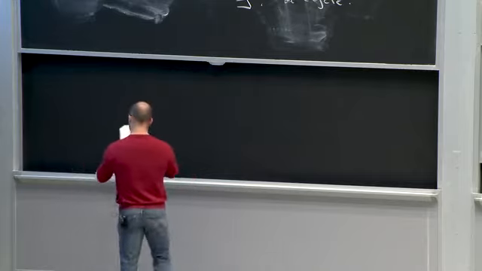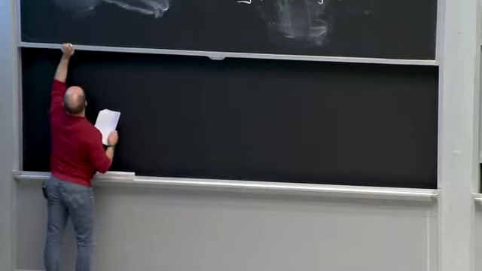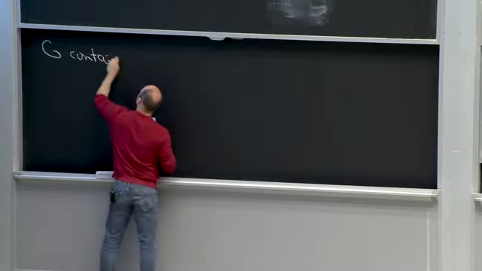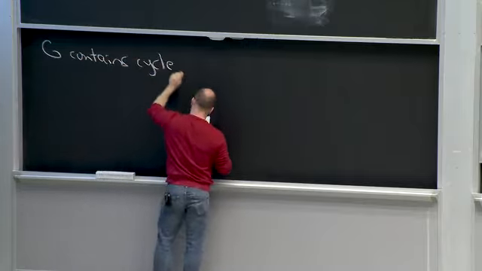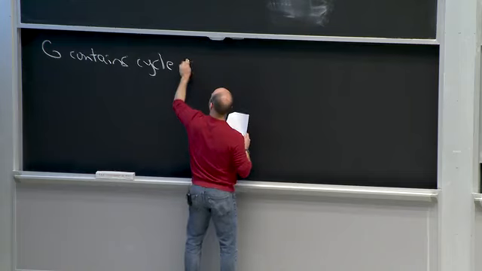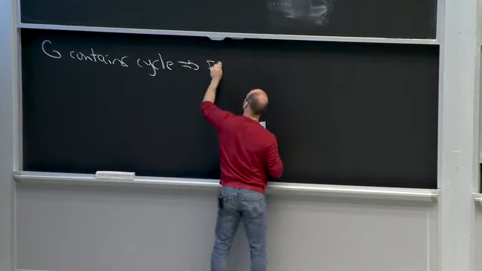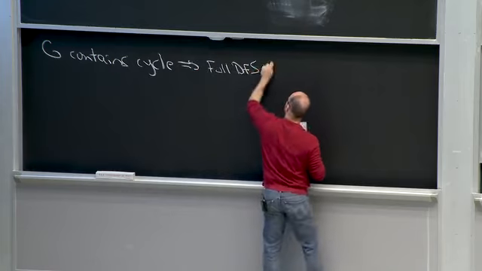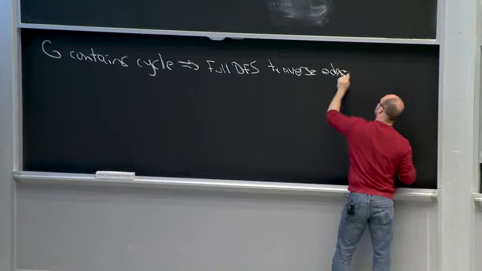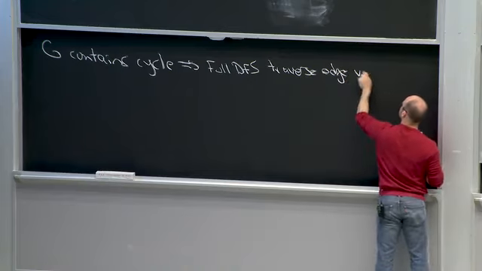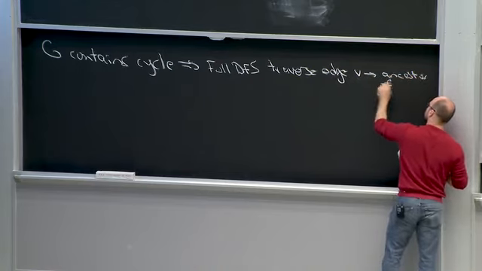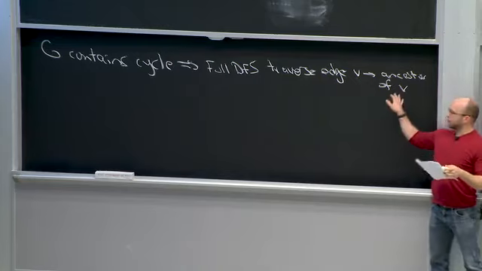And here's the property that we're going to use, which is the following: if G contains a cycle, then full DFS will traverse an edge from a vertex V to some ancestor of V. I guess we haven't carefully defined the term ancestor here.